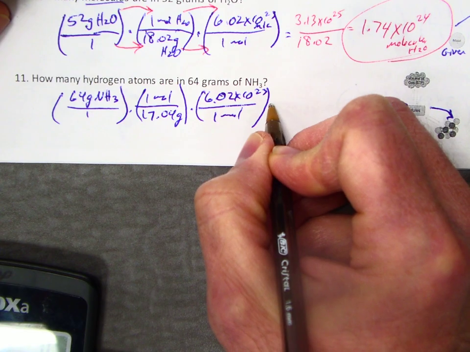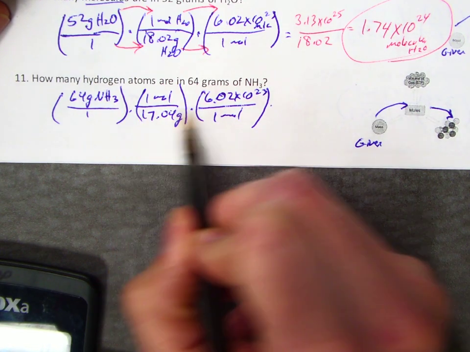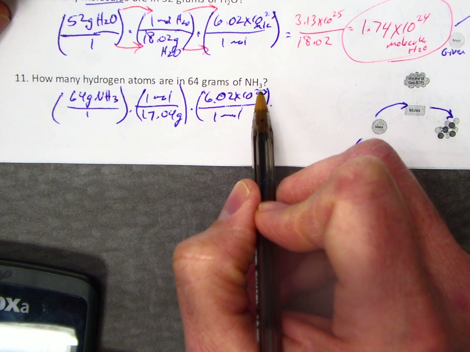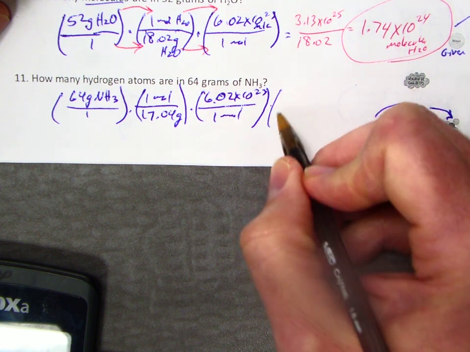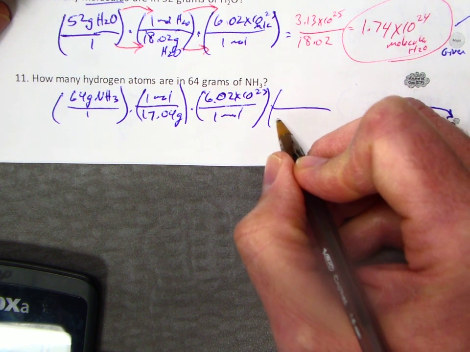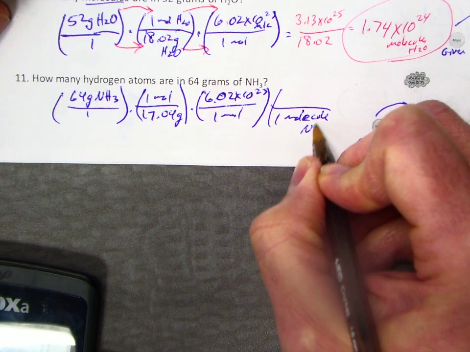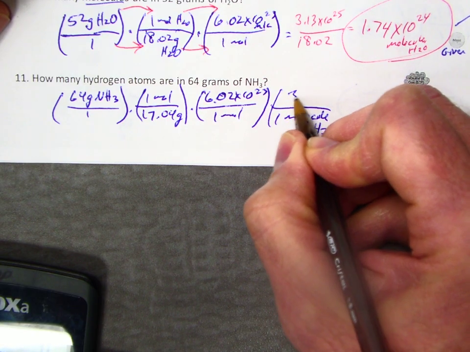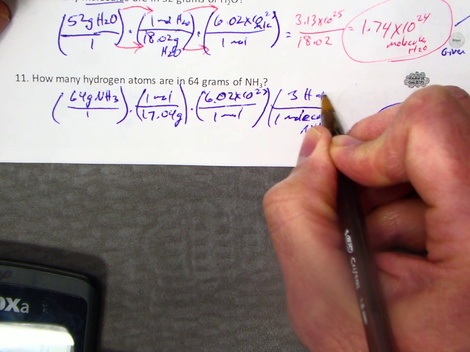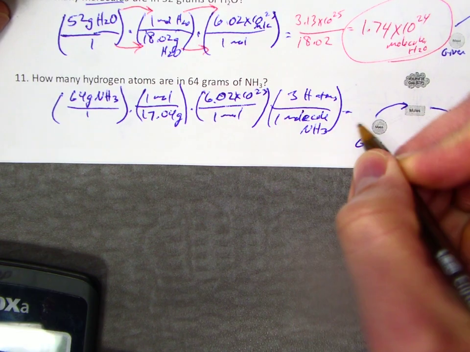But then the very last thing is we need hydrogen atoms. And you see that there are 3 hydrogen atoms for every 1 molecule. So one more step. 1 molecule of NH3 is 3 hydrogen atoms.